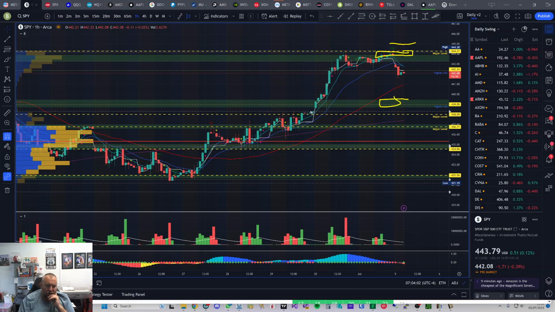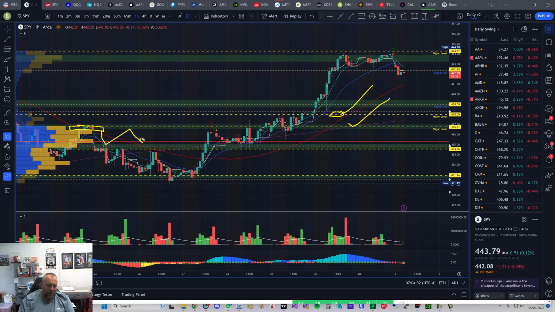439 was an area, but I'm going to take that away now. Now I've seen how the volume looks, there was no volume there, so there's no natural resistance and no natural support. We could see 438 as a higher risk bounce, but 437, as per the volume profile here, is more of a higher probability bounce. 437 to 438, and then we've got this based on the volume profile.